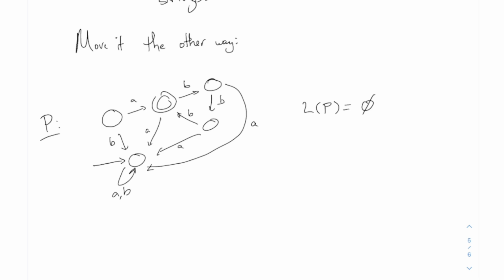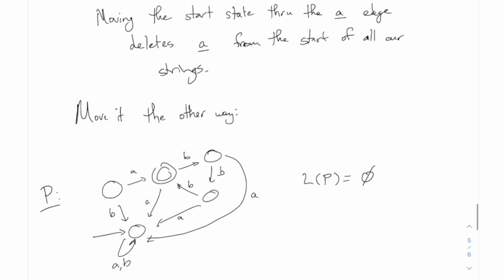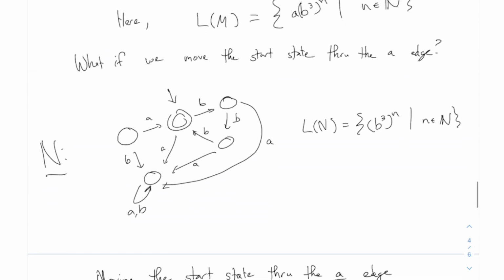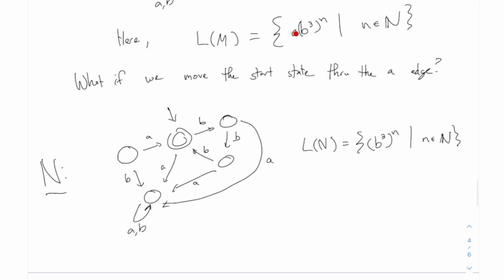How can we make sense of this? Were you expecting me to say that if I push it through this edge, then it just deletes a B at the beginning of every string? That's what you wanted me to say, probably. But if you think about it, the original language didn't have any B's at the beginning of every string. If you try to delete a B from the beginning of strings which don't have any B's on them, they go away entirely.